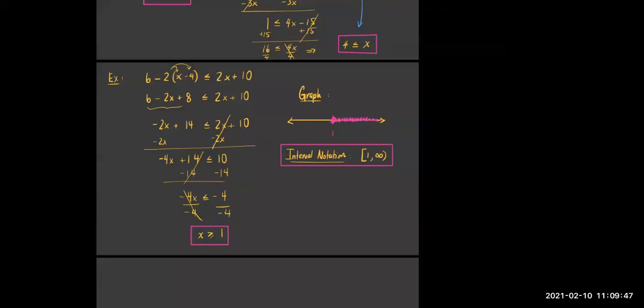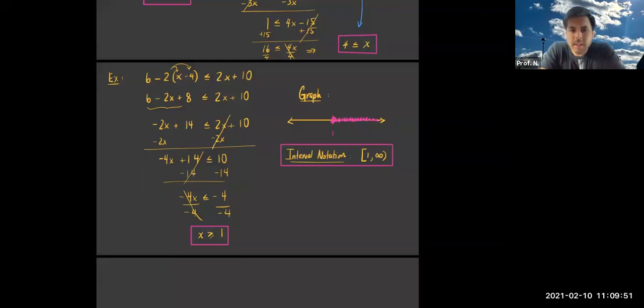I'm confused about that. That's fine. So you're asking why is it that I subtracted 2x and then why is it that I divide by negative 4? When do I know when to subtract or when to divide?